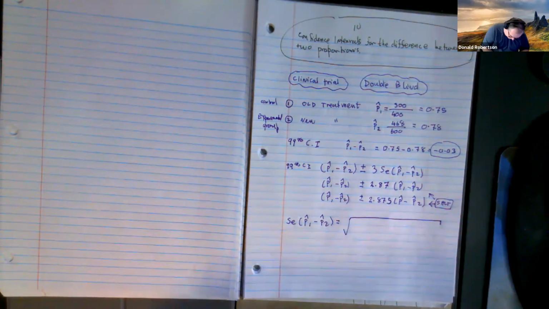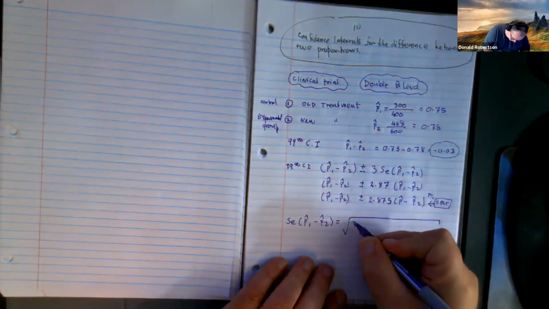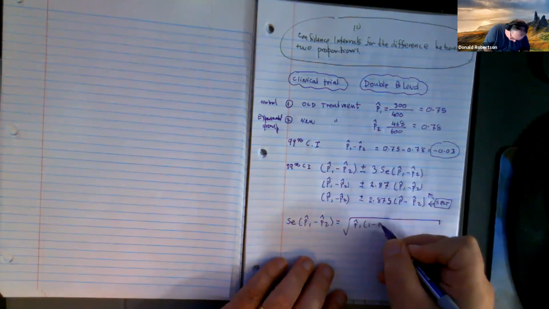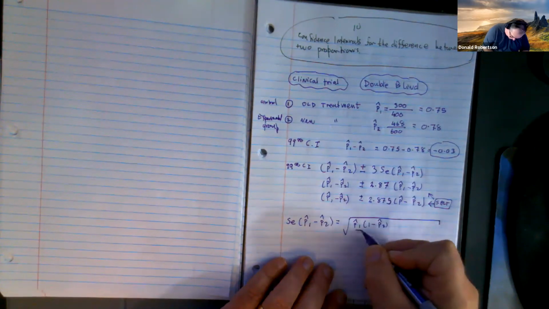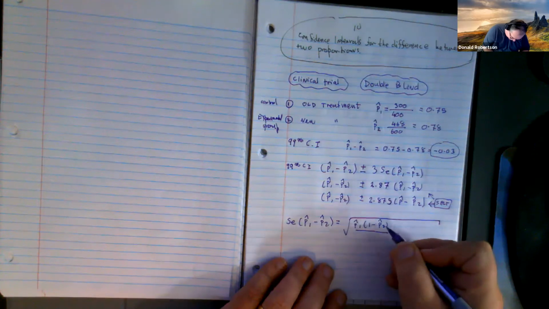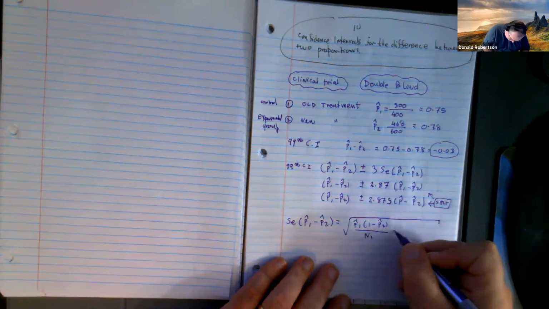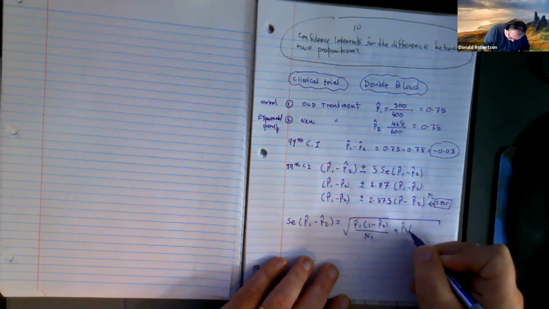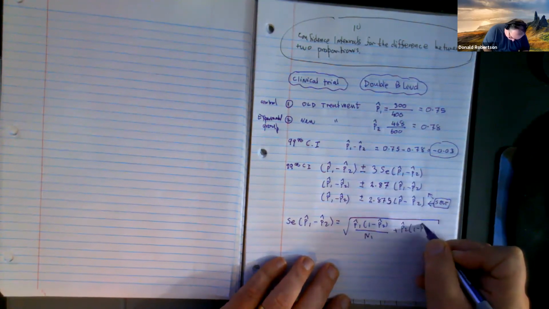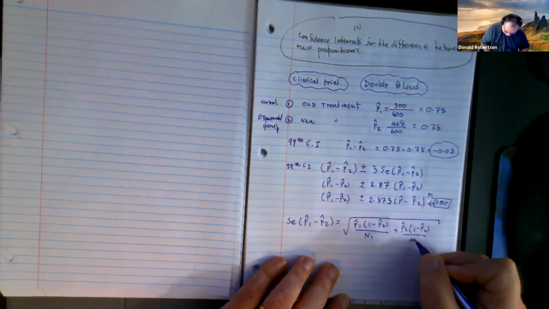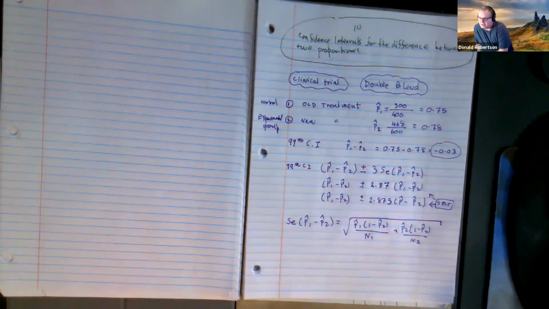And it looks like this. P1 hat times 1 minus P1 hat over n1. That's a long-winded way of saying it. Let's try this one. Plus P2 hat times 1 minus P2 hat over n2. That's a nicer way to say it. You recognize that guy? Big ugly formula. Let's see what it is.